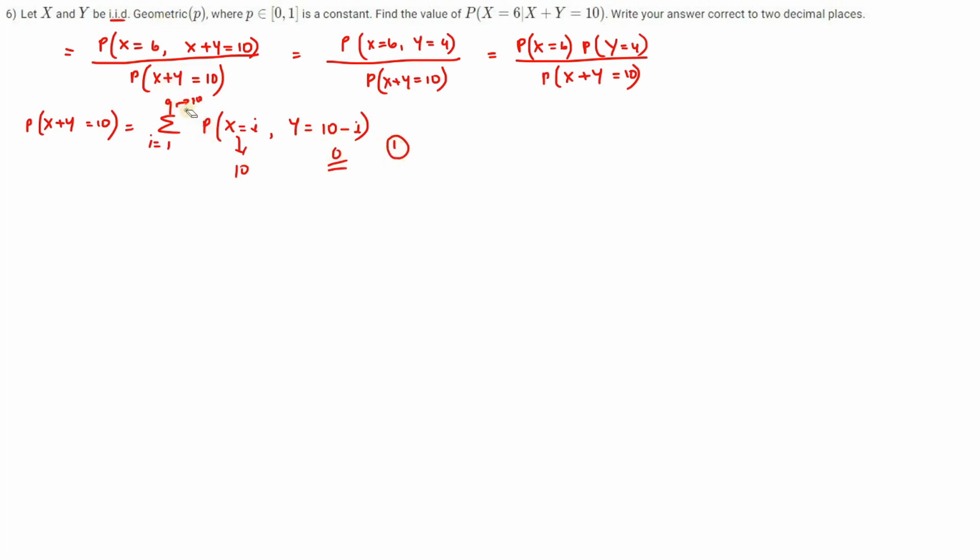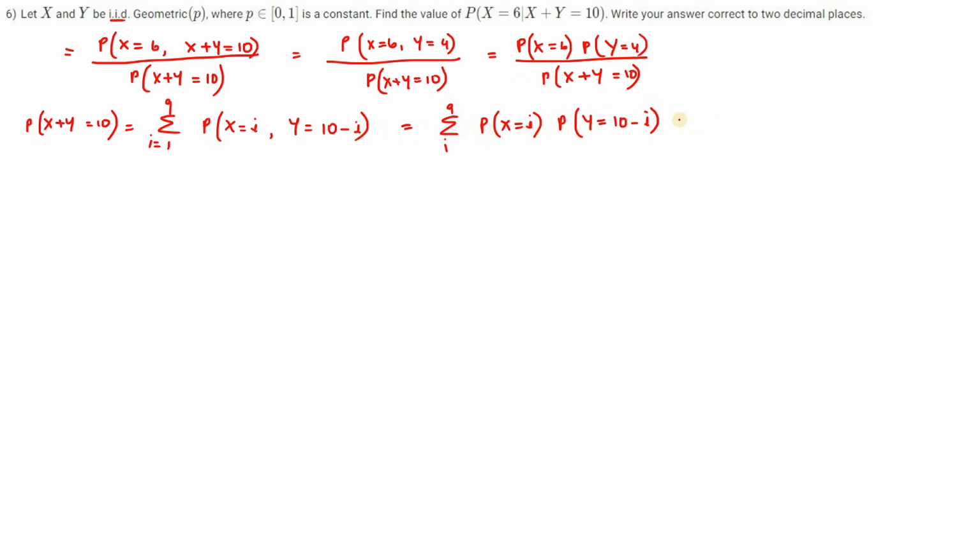Hope that is fine. So if we have any x plus y problem, we have to take whatever the sum is minus 1. And now that should be equal to sigma over I to 9 probability of x equal to I into probability of y is equal to 10 minus I. Hope this is okay because of IID.